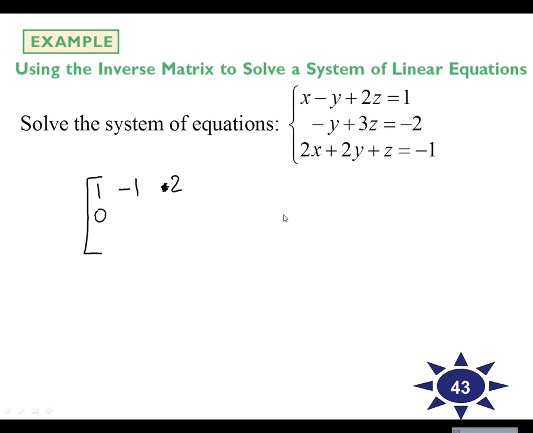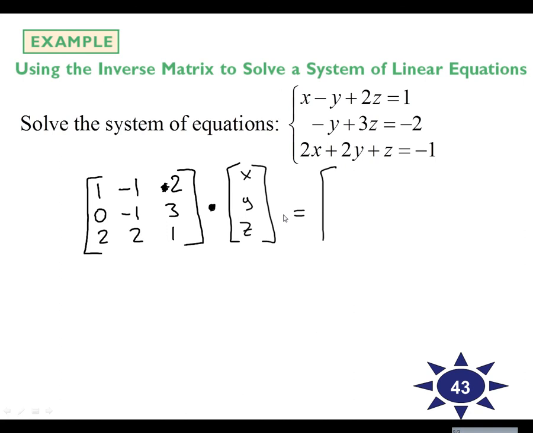We've got 0, -1, 3. We've got 2, 2, 1, times, in another matrix, we're going to put the variable names x, y, and z, equals, and then we're going to put the solutions over here, 1, -2, and -1.